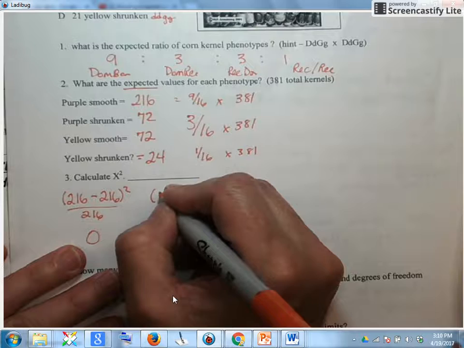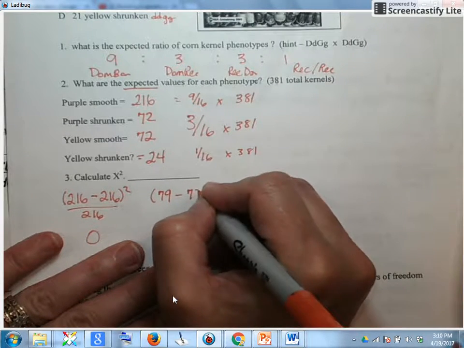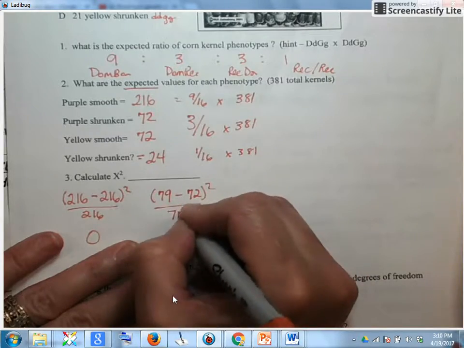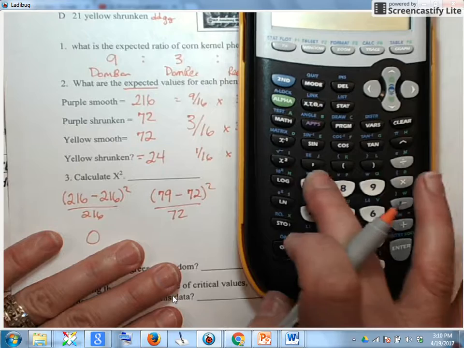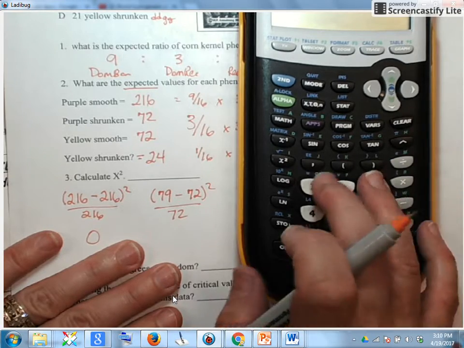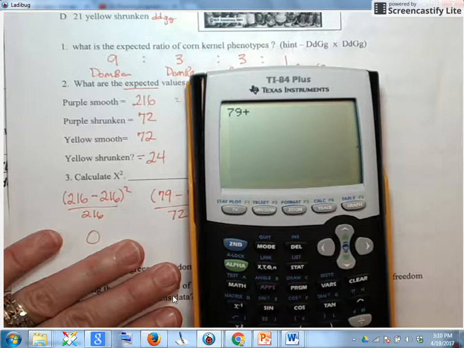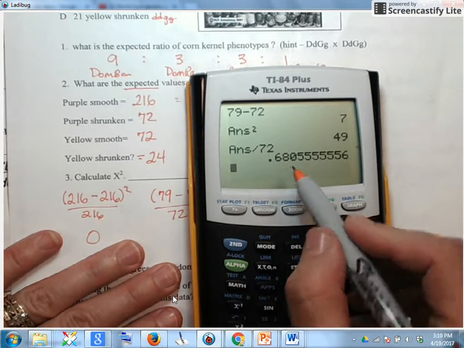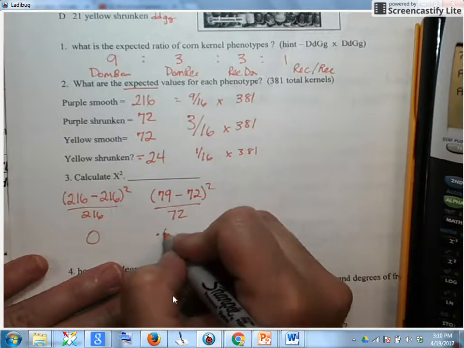So we observed 79. We expected 72, divided by 72. Plug that in. Oh, sorry. 79 minus 72, squared, divided by 72 gives us this value, so we'll just make that 0.681.